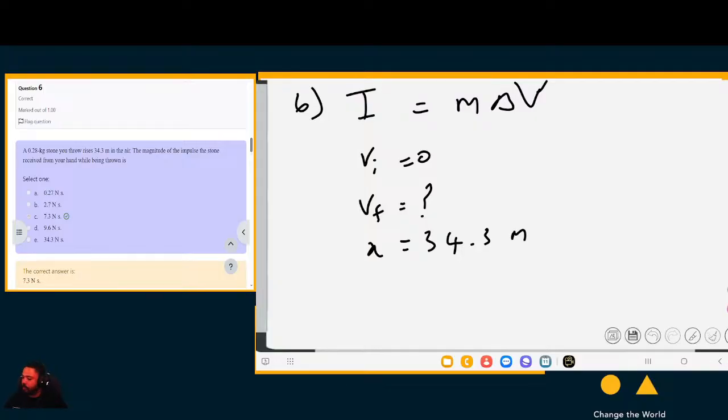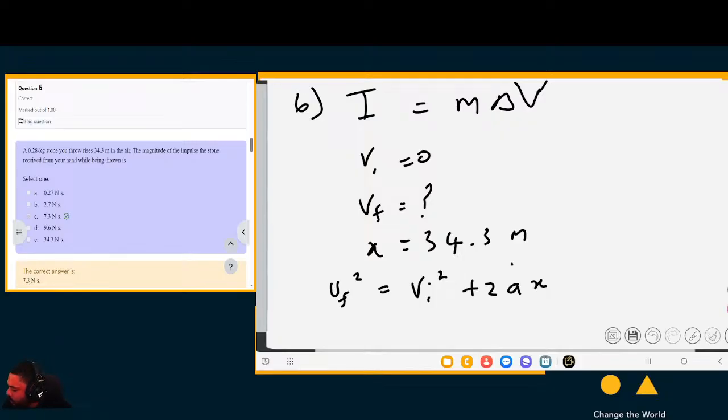Then finally we can use this formula which states that the final velocity squared is equal to the initial velocity squared plus 2 times the acceleration times the distance. That is what we can use to find the final velocity.